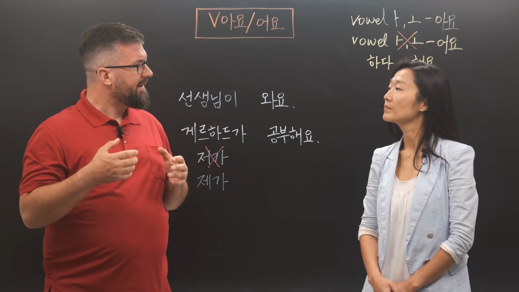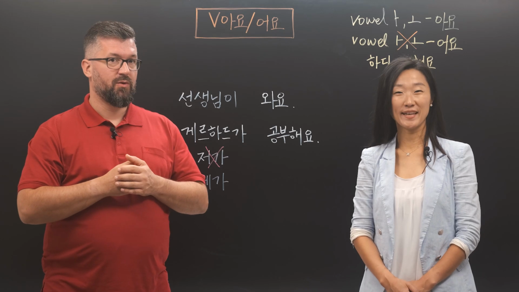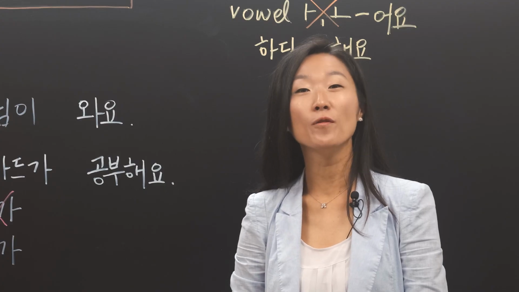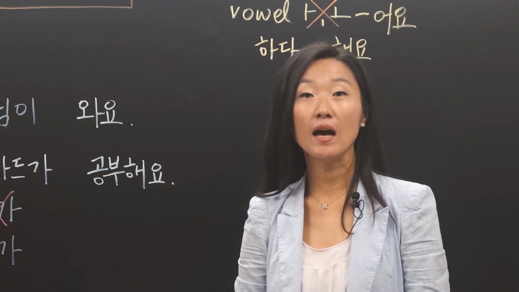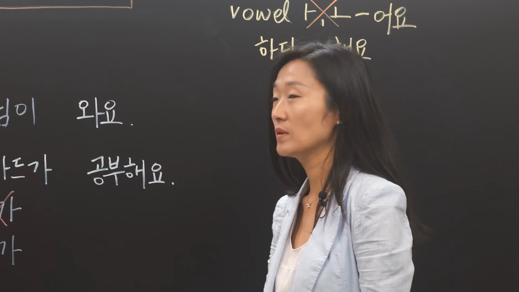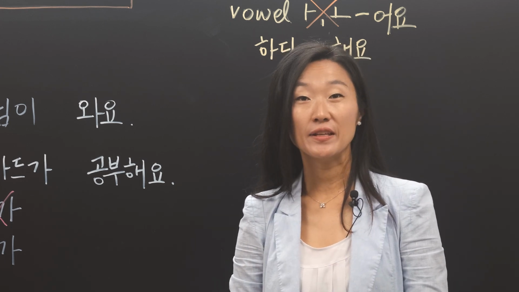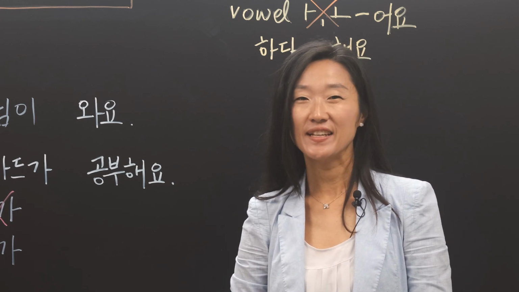Can we also say 게르하드는 공부해요 and use the topic marking particle instead of the subject marking particle? Of course you can. 은/는 can often replace 이/가. Therefore, 이/가 and 은/는 are often interchangeable. But we will learn the difference between them in later lessons.